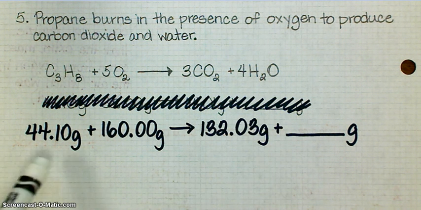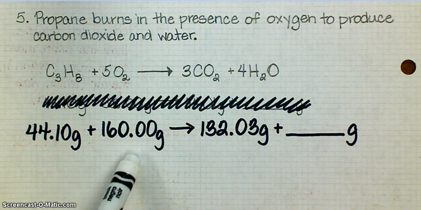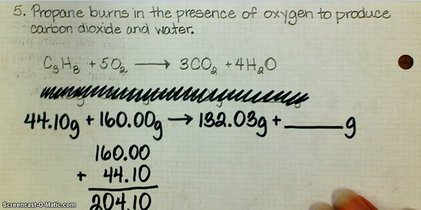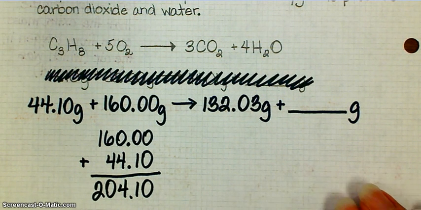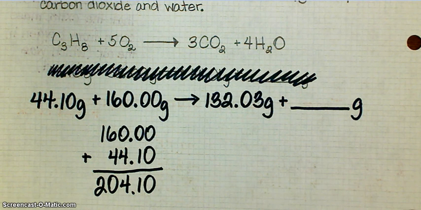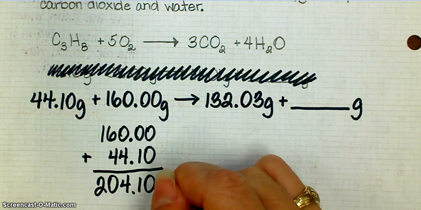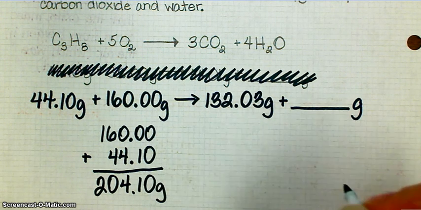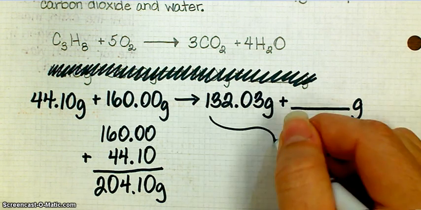So whatever the total is here, that's the same as the total on the product side. Okay, so I'm going to add my 2 reactants up, and I get 204.10 grams. So that's the total mass of the reactants.